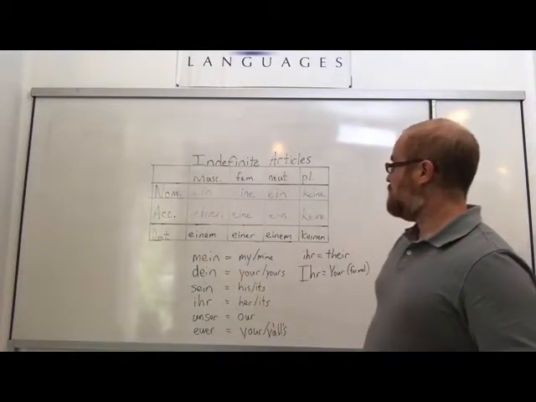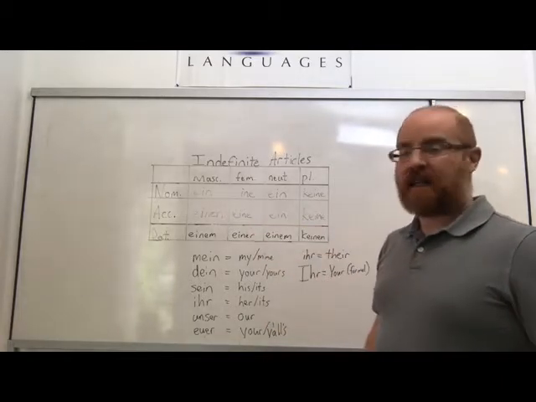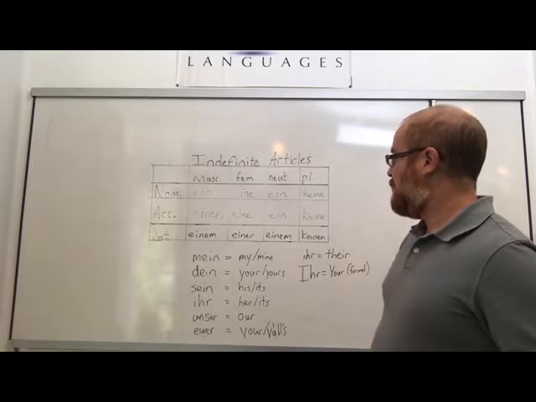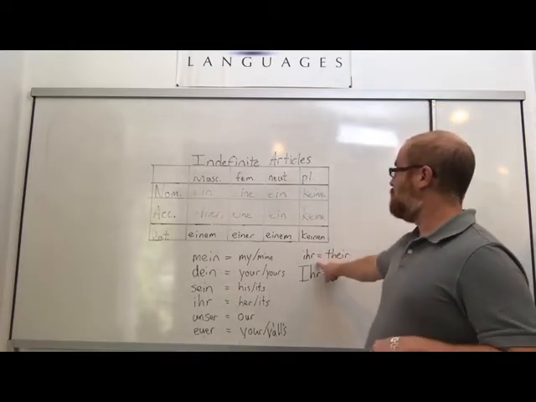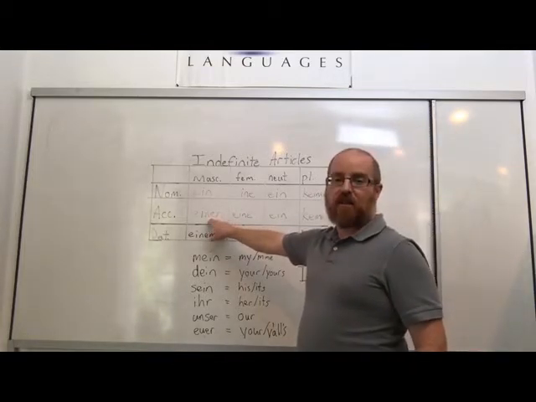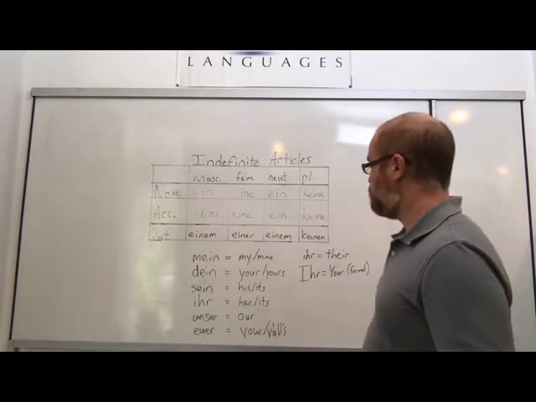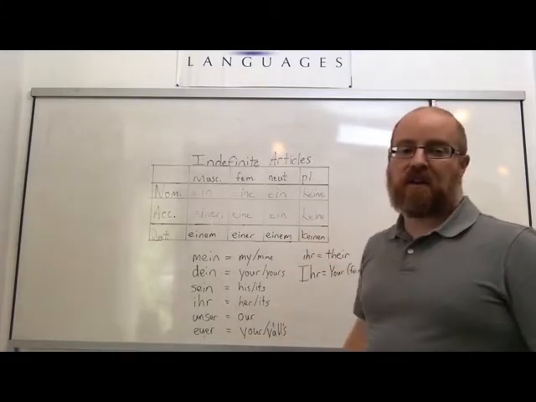I see a cat, ich sehe eine Katze. I see your cat, ich sehe deine Katze. Okay? I see their dog, right? Ihr. Ich sehe not einen, but ihren Hund. Okay? So each one of these follows the same pattern that we see in this chart.